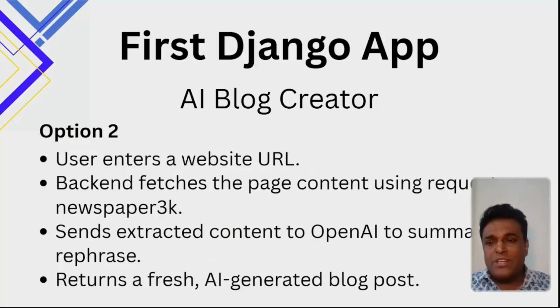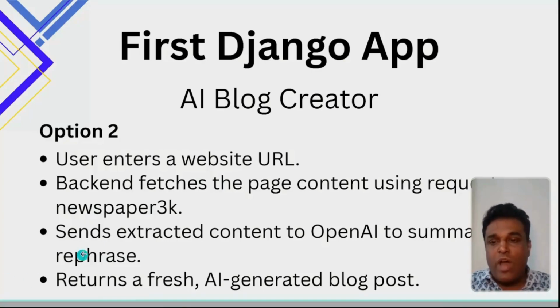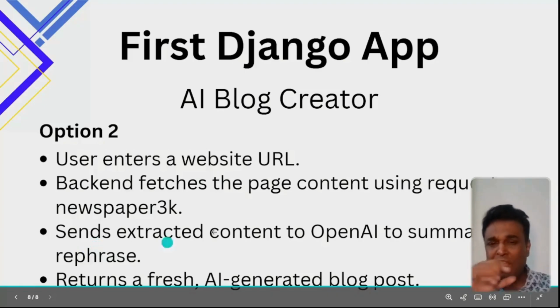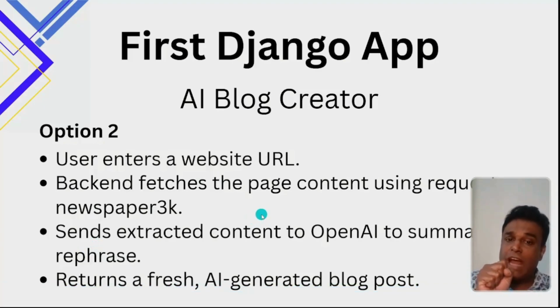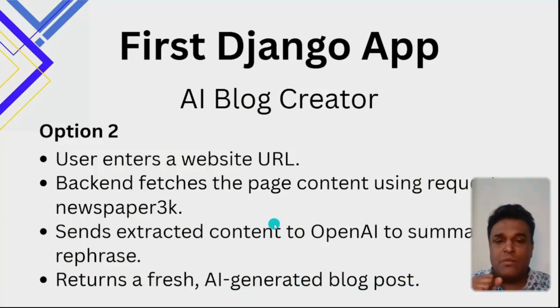And then the second option is the user can simply give a URL of some other website. So if I am reading some article and I want to create a blog of that article, you can just provide the URL of that particular web page, and then what is going to happen is at the back end we are going to fetch the data of that page using the requests module, or these are basically the modules.